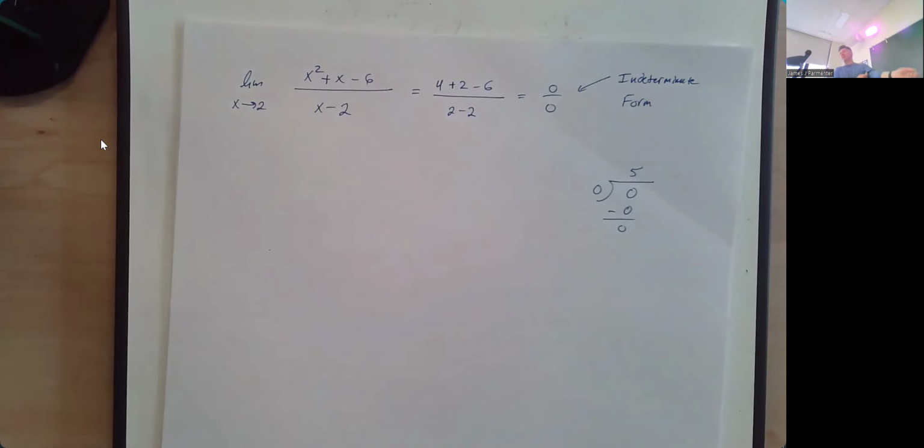So what this really means for us in practice is we have to do more algebra typically. Usually that's going to mean either factoring and canceling, or multiplying by a conjugate first and then factoring and canceling, or getting a common denominator and then factoring and canceling. There's almost always going to be some factoring and canceling.